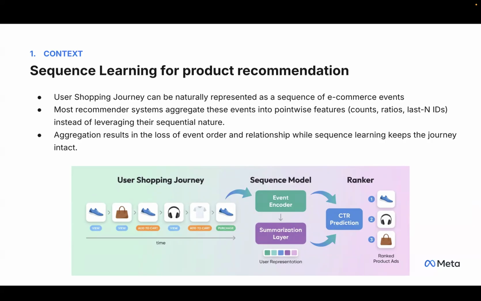Given this sequential nature of the data, one key factor that we're trying to harness now is how do we aggregate all these events, using in particular some event encoder or summarization layer, to have better signals to feed to our ranking models.